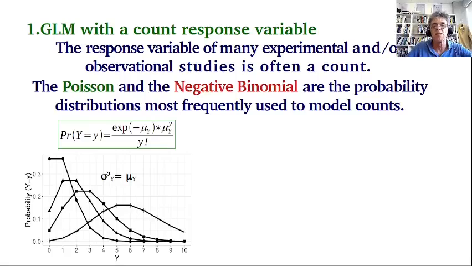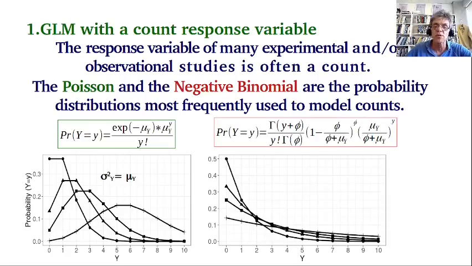The negative binomial distribution has a more complex expression. In this more complex expression, we can see on the right-hand side something that should remind us of the formula of the binomial distribution, to which this is related. We see in the first term the capital letter gamma, which is a mathematical function that is analogous to the factorial function for real numbers.